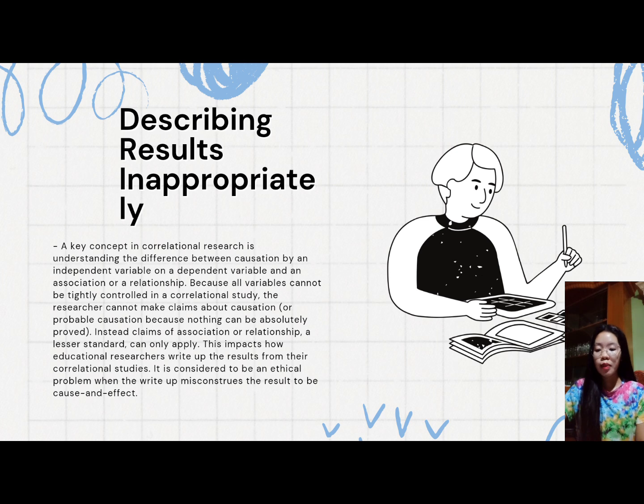Instead, claims of association or relationship, a lesser standard, can only apply. So this impacts how educational researchers write up the results from their correlational studies. It is considered to be an ethical problem when the write-up misconstrues the result to be cause and effect.